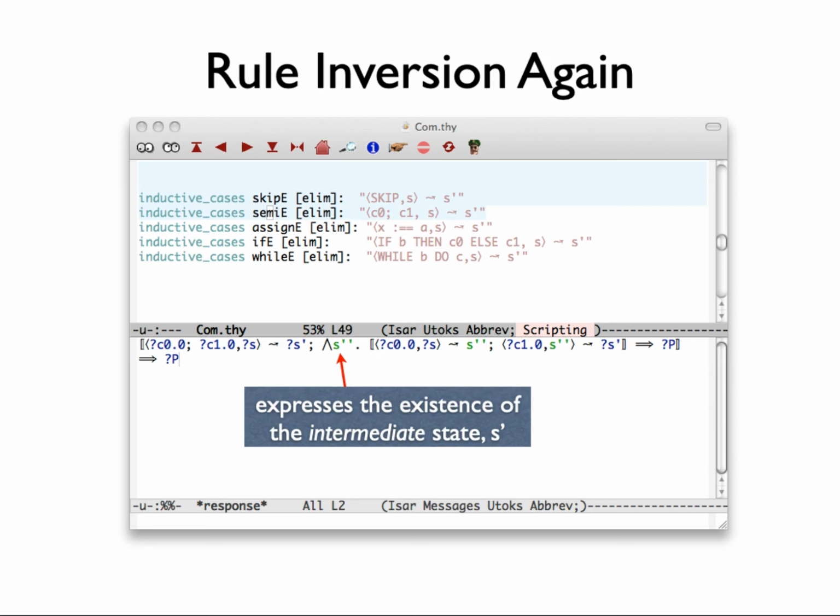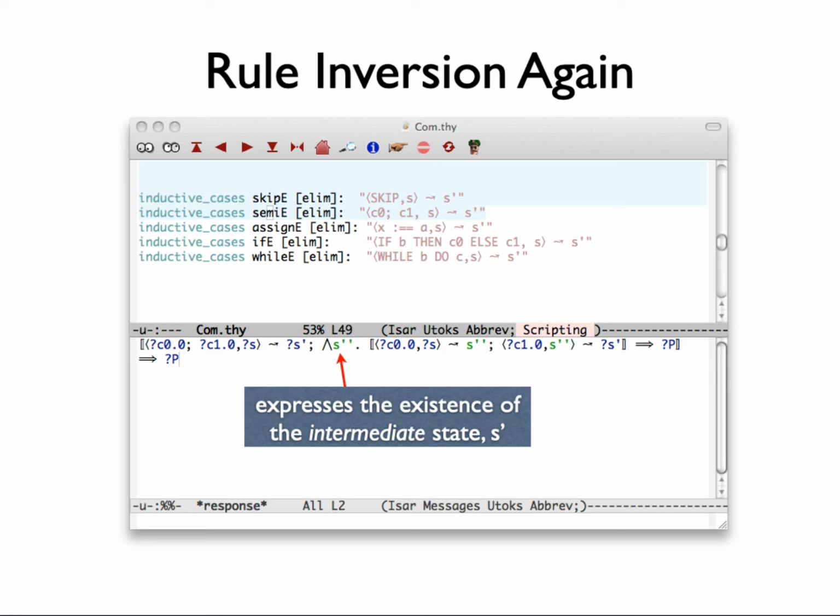You're just meant to type auto and have it do its stuff. And by the way, I don't think I have slides on it. If you find this really very unspeakable looking, there is an equivalent thing called inductive simps. So instead of giving you these weird looking elimination rules, it gives you rewrite rules that have the same effect.